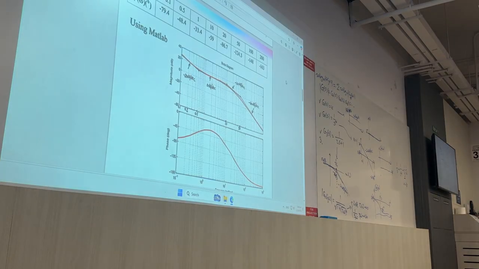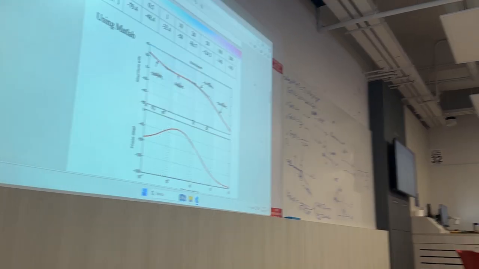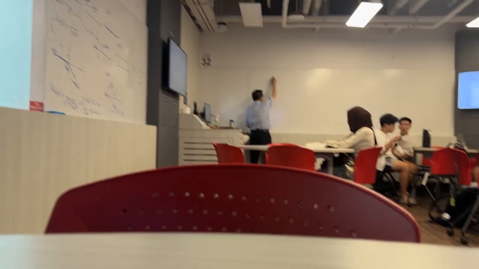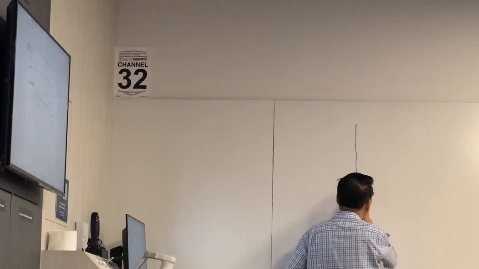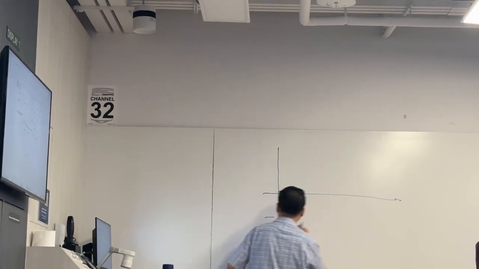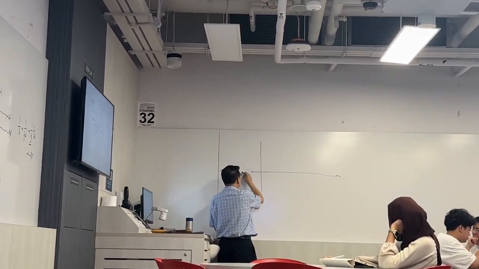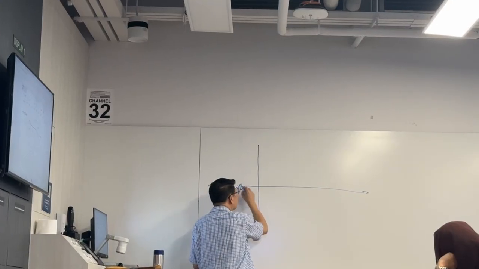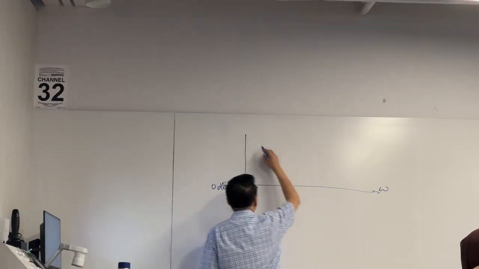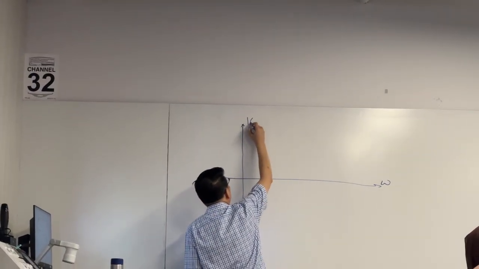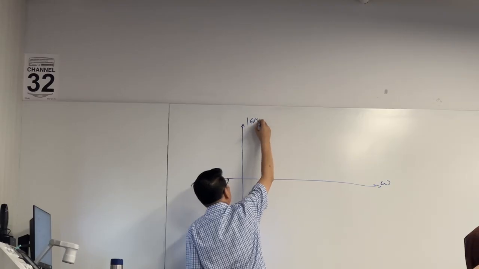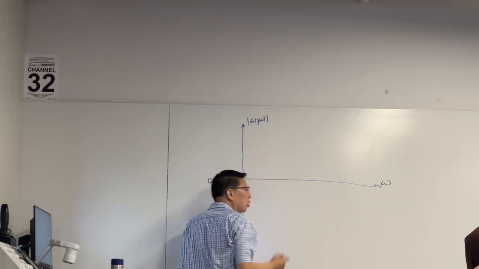Okay. So actually, for the 5 basic factors, let me draw a big one. So this is 0 dB, this is omega, and this is the overall full plot. This is what we want to achieve.